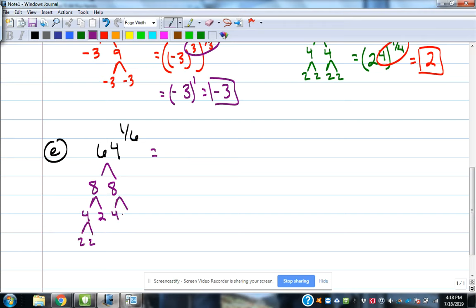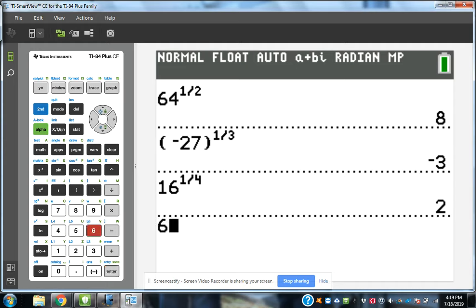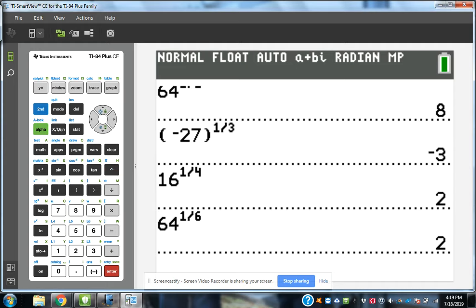We've already done this number. So we know that it's actually 2 to the 6th power to the 1/6. And there's 2. And if you did that with your calculator, 64 raised to the 1 divided by 6, it's going to get you that 2, just like doing it by hand would.